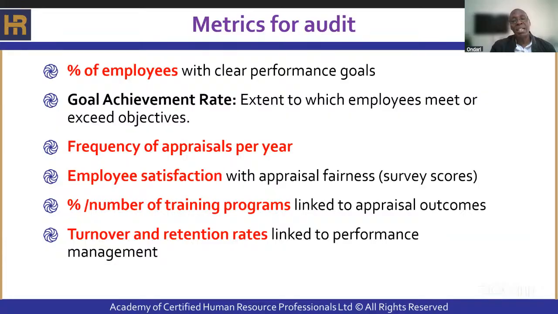There must be clarity on that. So what does above or exceed expectation mean? Is it above 90? So what happens if somebody gets 98? What happens if somebody gets 95? Which criteria are we going to use to rate a person at 95 and not 98 or 100? So the scores must be very clear.